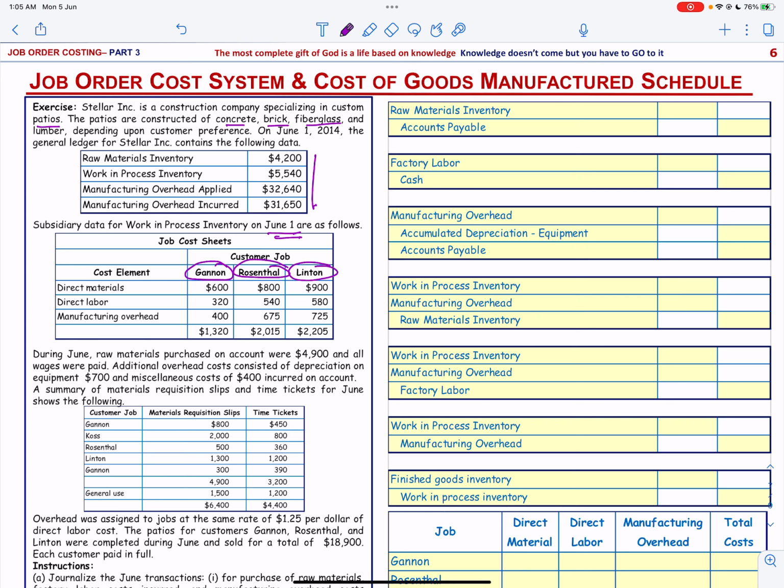During June, raw material purchased on account is 4,900, and all wages were paid. Additional overhead costs consist of depreciation on equipment 700, miscellaneous cost of 400, and a summary of material requisition slips, and the time tickets for June are given over here.